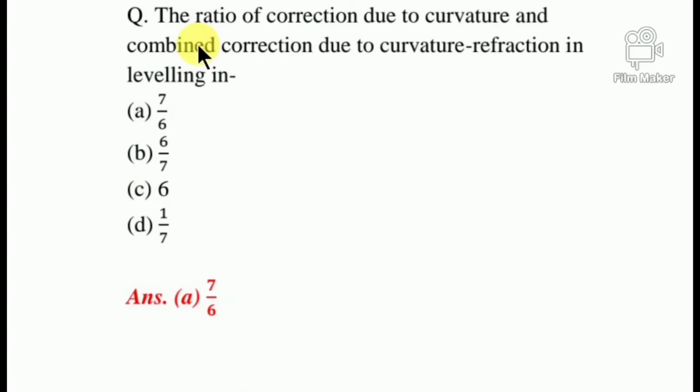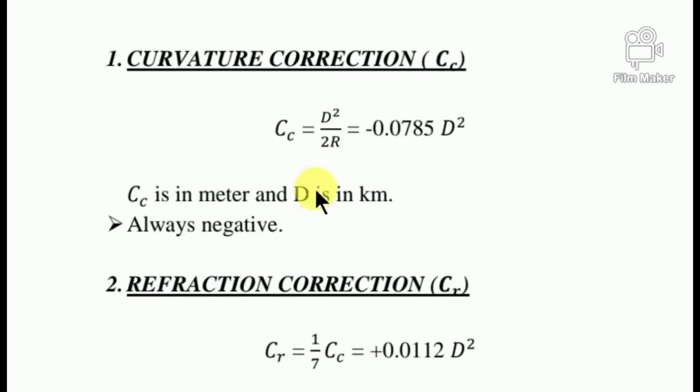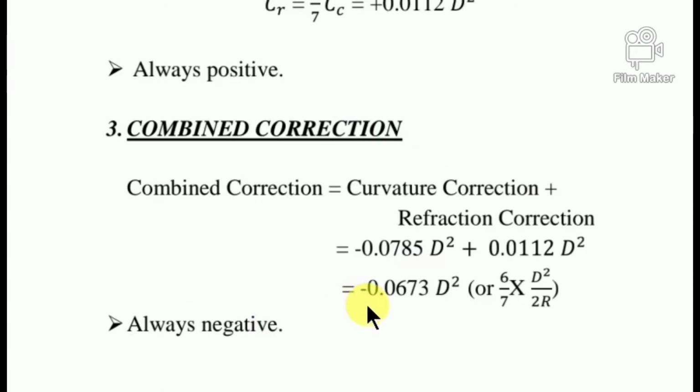Next question, the ratio of correction due to curvature and combined correction due to refraction in leveling is. So here we are asked the ratio of correction due to curvature and combined correction. So let's see what our curvature correction is. You are asked to find the ratio of curvature by combined. Curvature correction is minus 0.0785 D square divided by combined correction, that is, divided by minus 0.0673 D square.